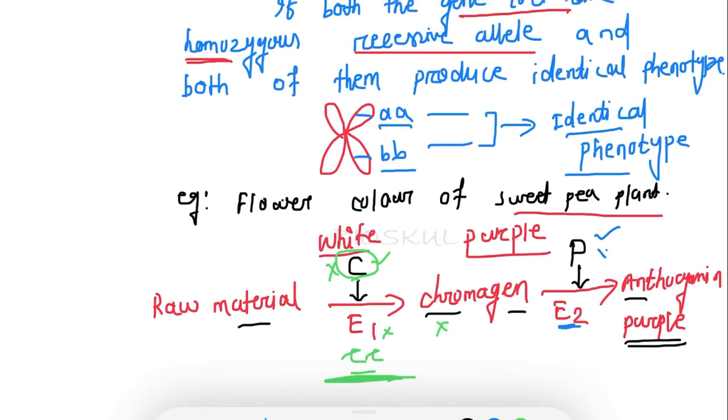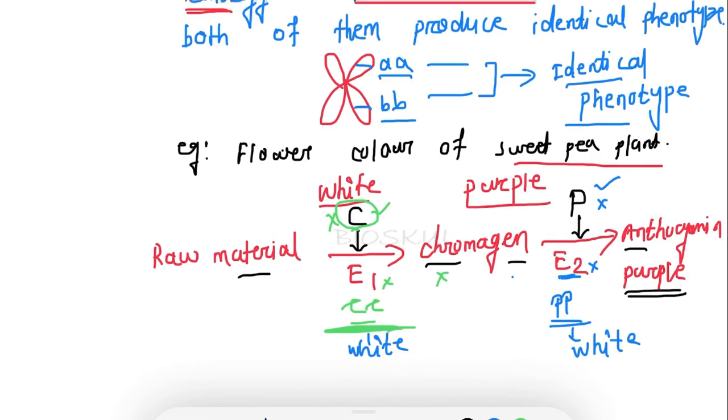If the dominant form is absent and the recessive form, small p small p, is present, can it code enzyme E2? No, and it cannot convert the chromogen to anthocyanin pigment, right? So in both cases the flower color will be white. From here you can understand that the recessive forms of both alleles produce a similar type of phenotype, that is white color flower. So this is why it is called duplicate recessive gene interaction.